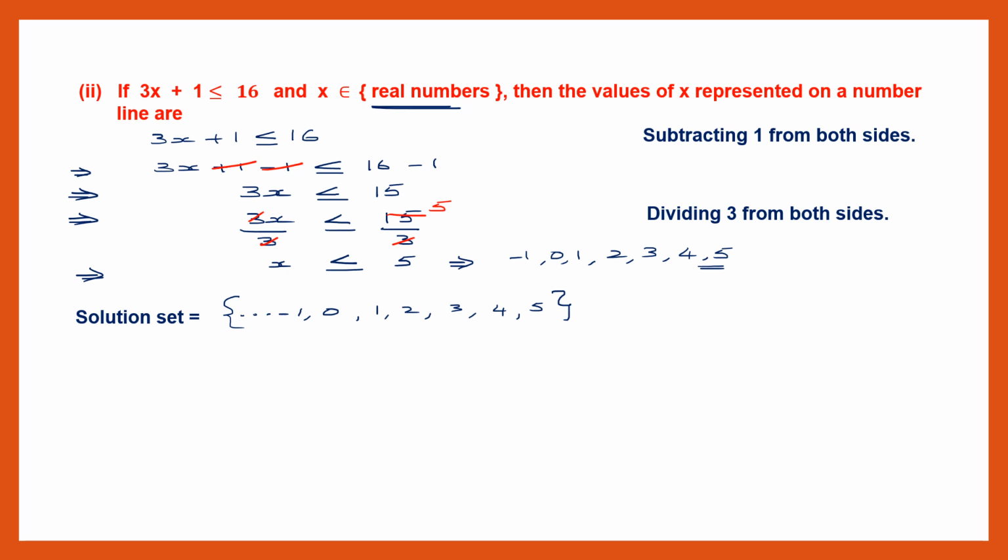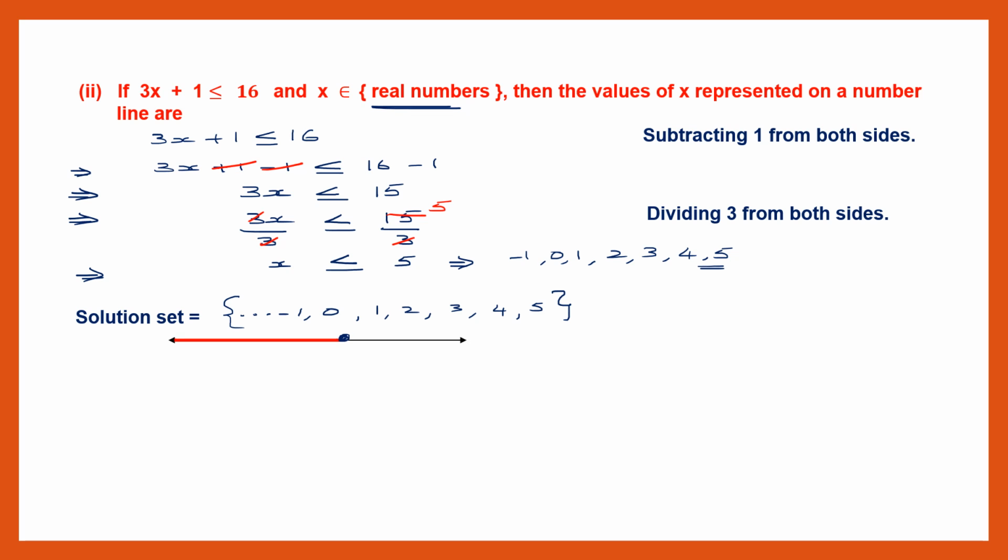Now if I have to put this on a number line, how do I do it? I draw an integers number line and then I need to mark my numbers on them, to show that 5 and all the numbers less than 5 are included in the set. Now how do I do that? I have to draw a darker line on top. So this part is 5. Now I'm going to shade it dark.